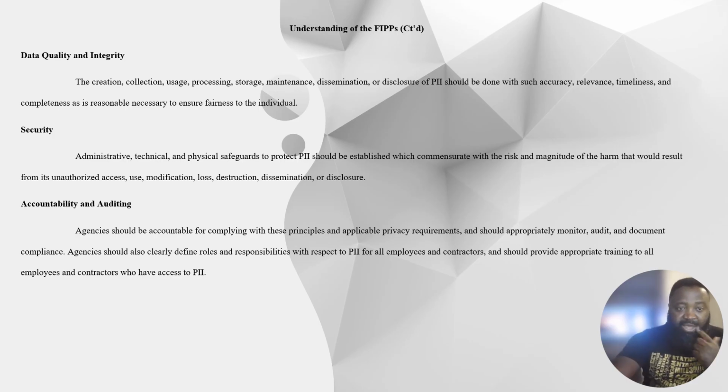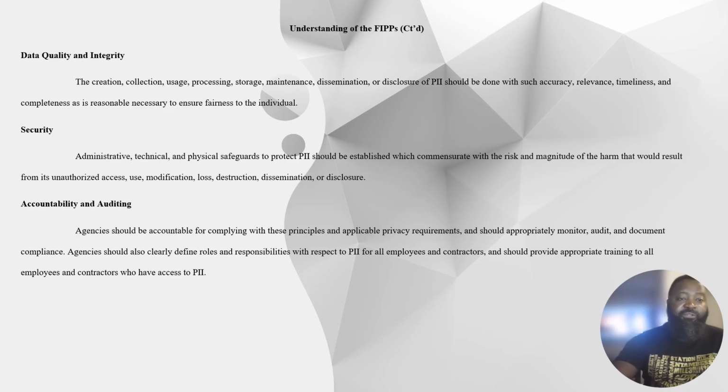Accountability and auditing. Agencies should be accountable for complying with these principles and applicable privacy requirements, and should appropriately monitor, audit, and document compliance. Agencies should also clearly define roles and responsibilities with respect to PII for all employees and contractors, and should provide appropriate training to all employees and contractors who have access to PII.